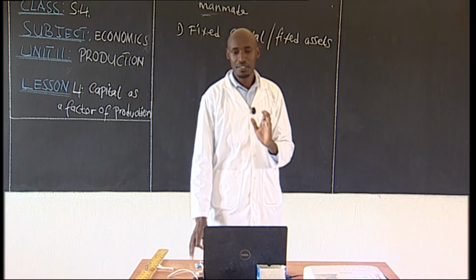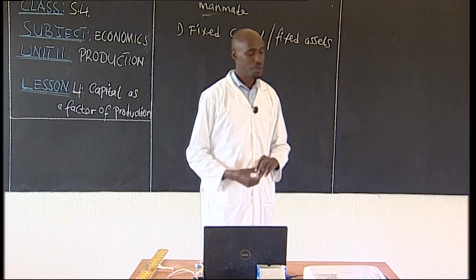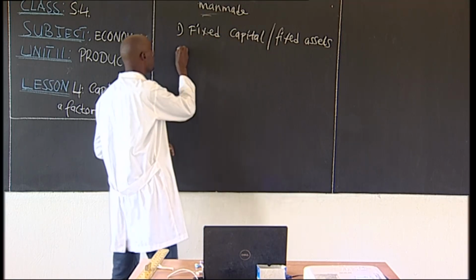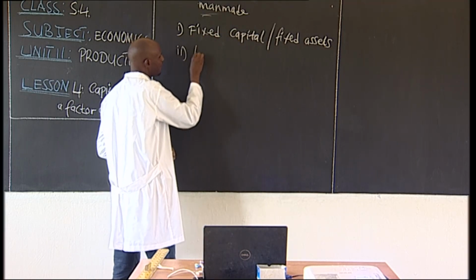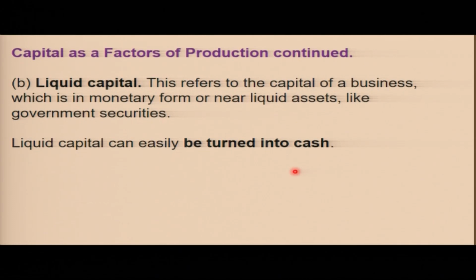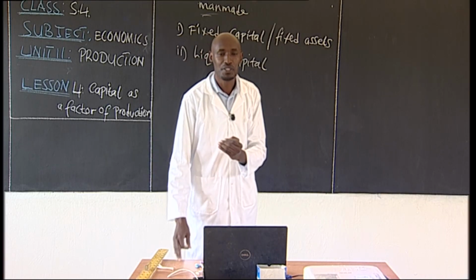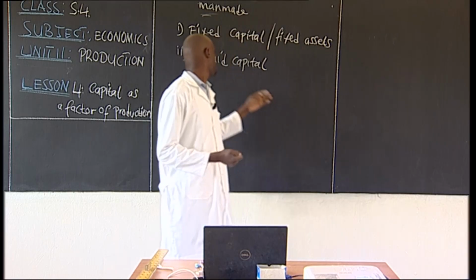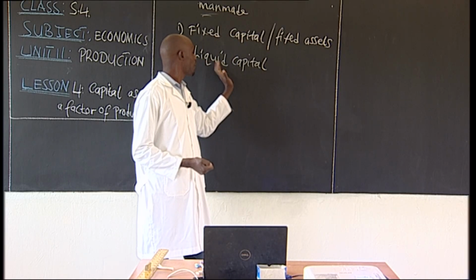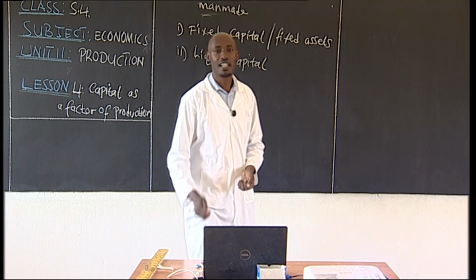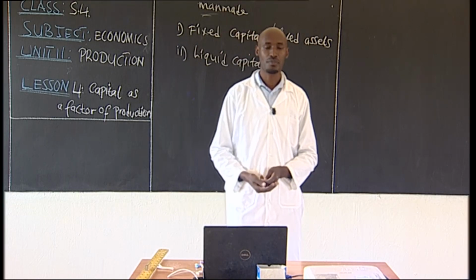That is, then next we have liquid. We have liquid capital. You always talk of capital, but this time around, I want to teach you all this. Liquid capital. This is capital which is already in cash form.